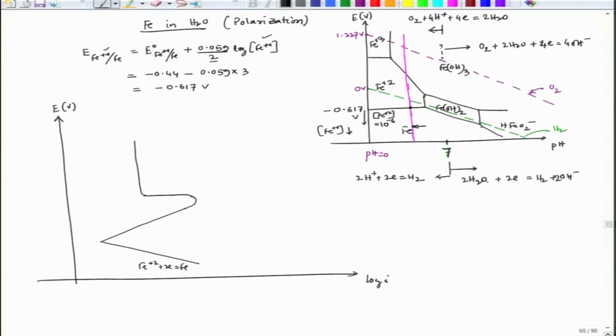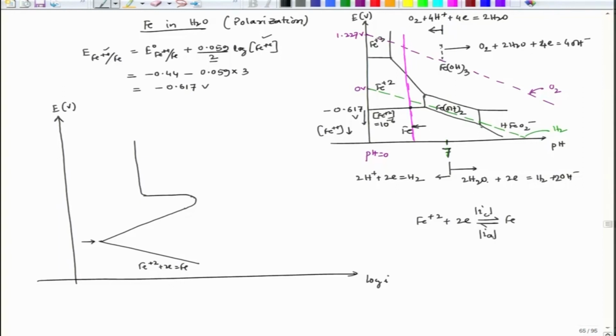Fine. So, now here this is the cathodic side, and this is the point where I will start having intersection. Actually we have this reaction. This is cathodic IC, this is IA.